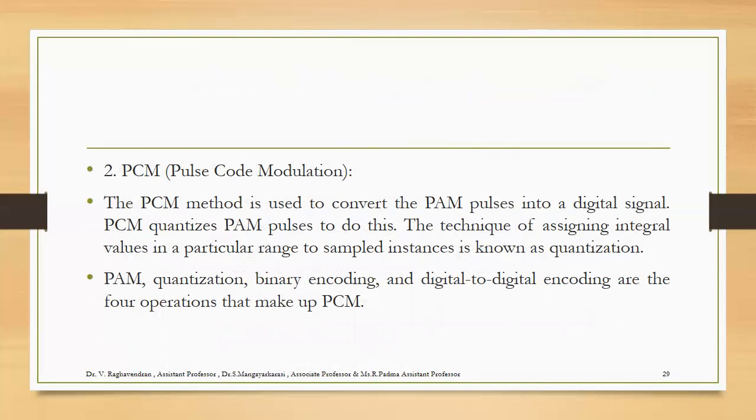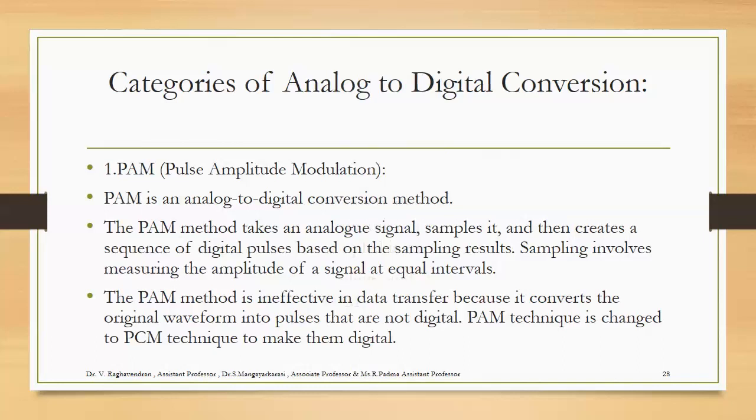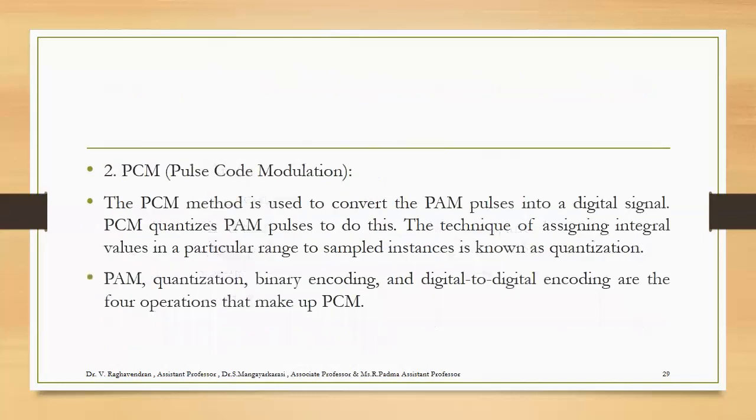The pulse code modulation method converts the PAM, pulse amplitude modulation, pulses into a digital signal. After that, PCM first quantizes the PAM pulses, the technique of assigning integral values in a particular range to the sampled instances.